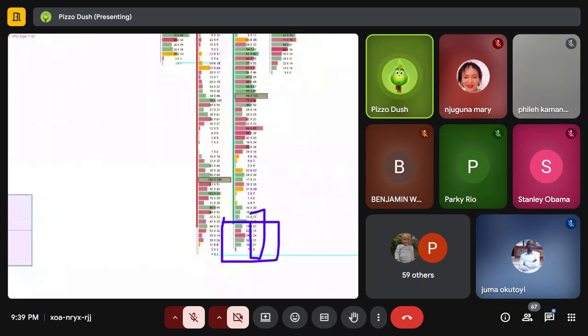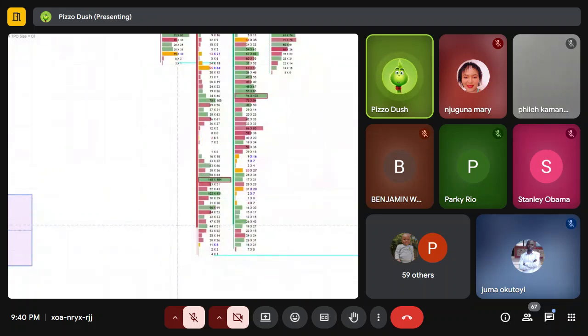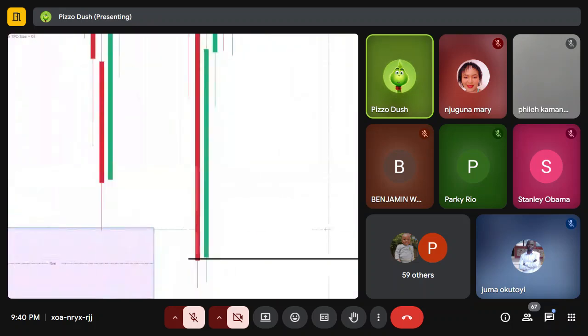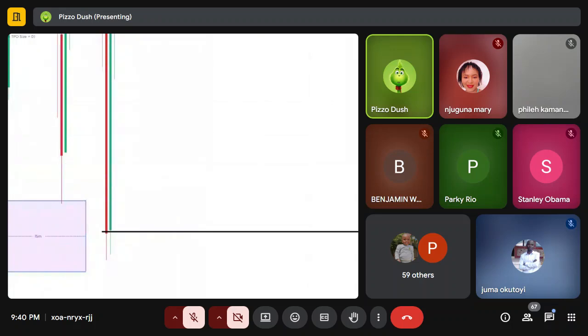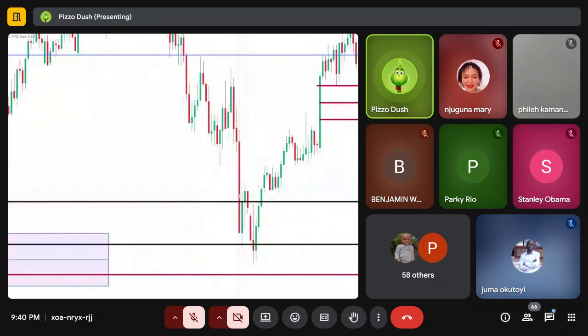So tunafaa kuona a lot of sellers, not a lot of buyers. So people are very aware this market is gonna reverse up there. So to confirm, most probably this zone haikuwa respected. Don't know whether it was respected. Market haijafika. You can see market ilikuja kama imepita na zone. Yeah, juu hakukuwa na any kind of imbalance there.